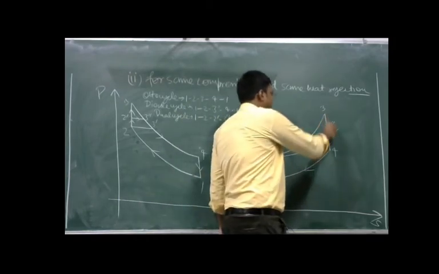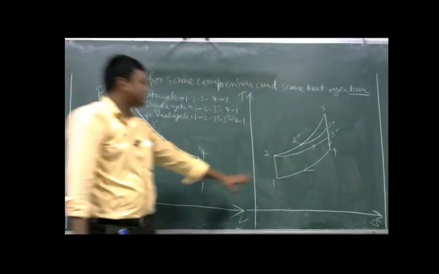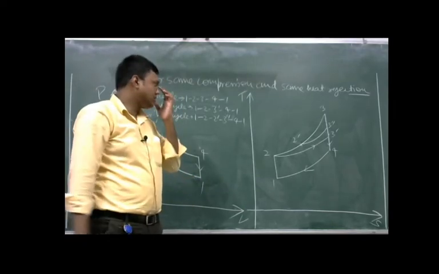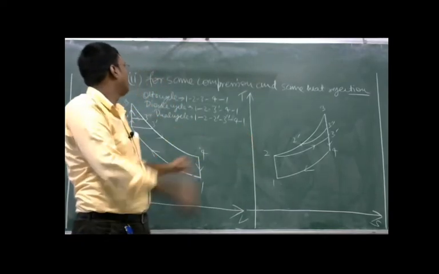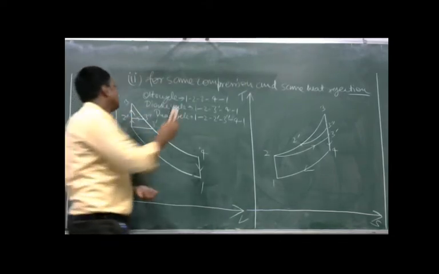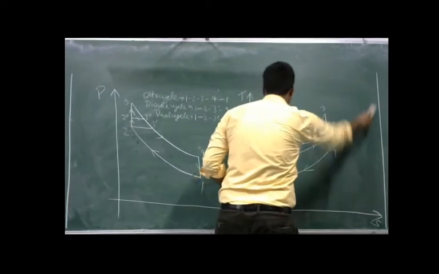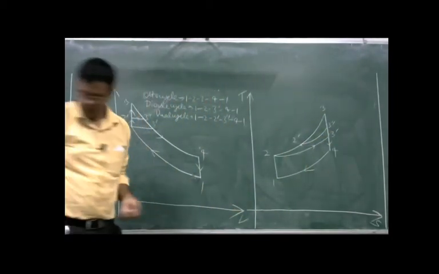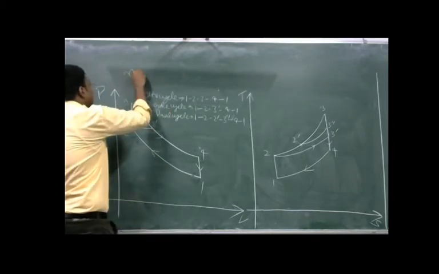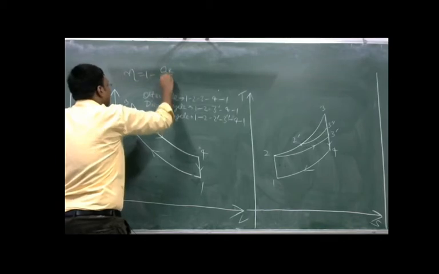Now from this TS diagram we can easily analyze the efficiency. As I said, the formula for efficiency is eta equal to 1 minus QR by QS.